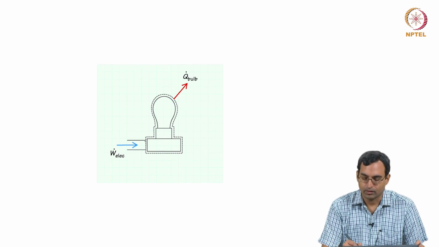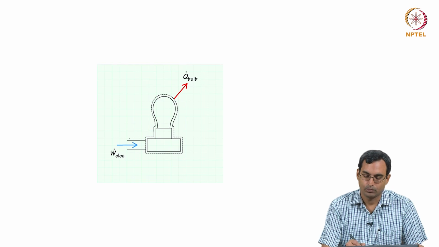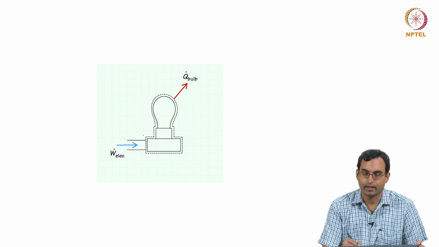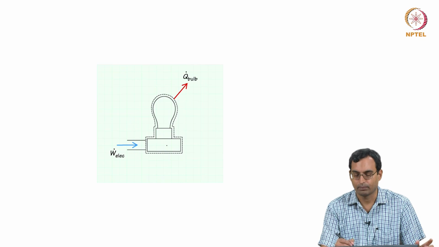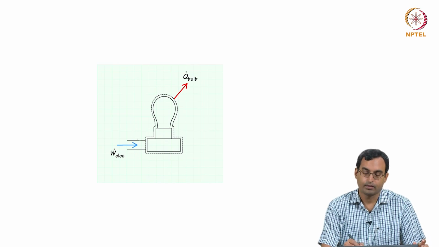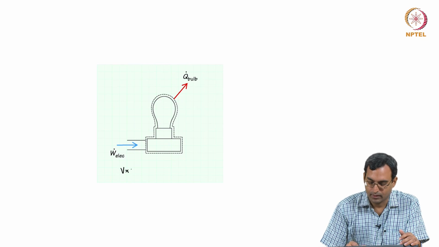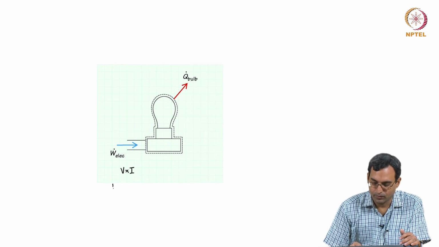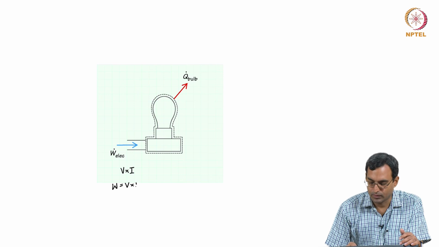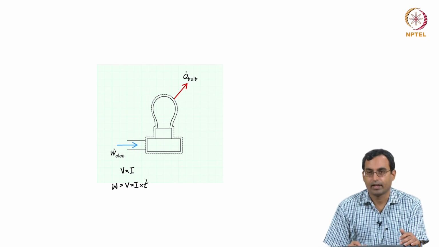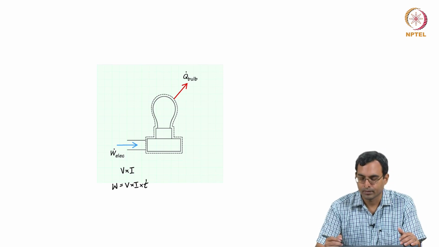So if I take across this boundary, I have current coming in at a higher voltage and going out at a low voltage. So there is work being done, and we have been calculating this power as voltage into current, and we have also been finding out the work as V into I into T. So we have been using this expression in some form.